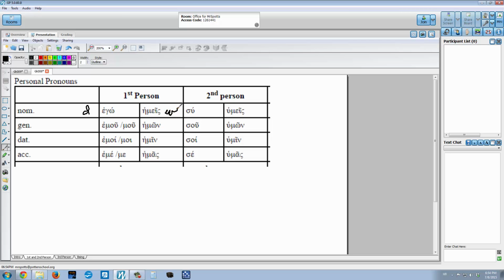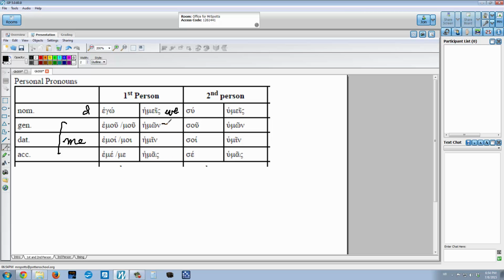In English, that would be we. Then in all of these other cases, genitive through accusative, we're going to use some form of the word me, because the personal pronoun does decline a little bit in English.